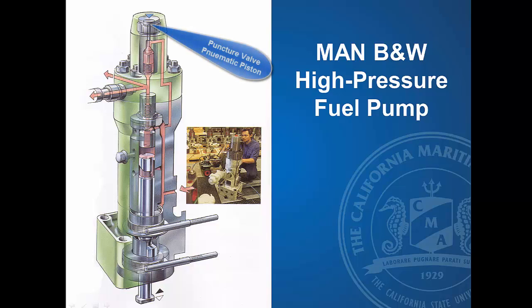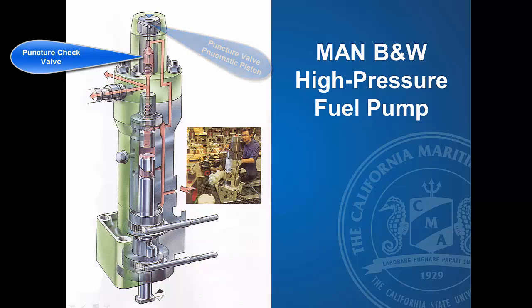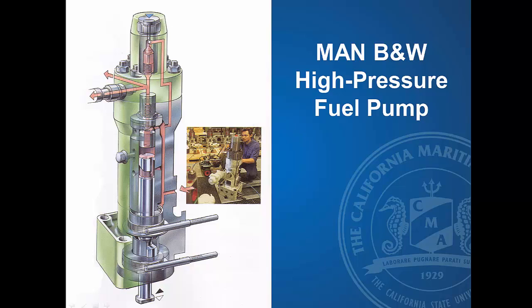When you have an emergency shutdown, an air signal works upon this plunger at the top of the pump. And when that plunger moves down, there's a check valve directly underneath it, and that plunger will open that check valve, which opens the pump cavity back into the suction.